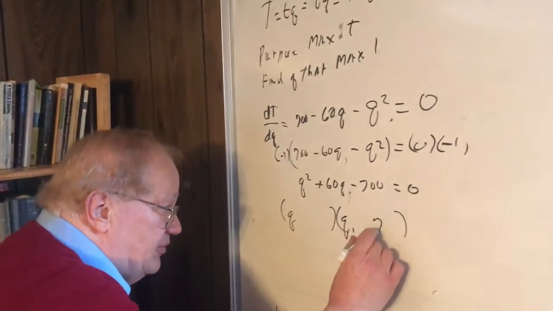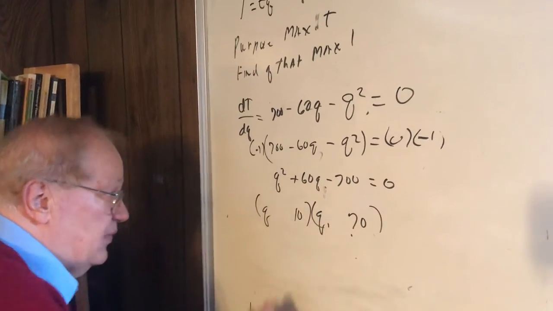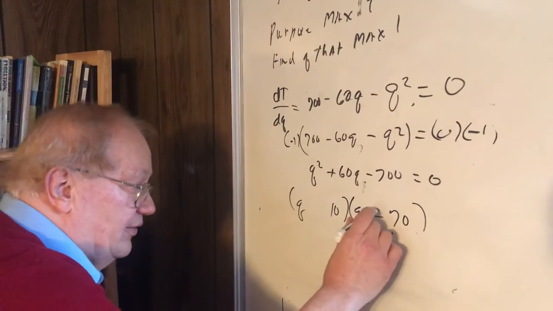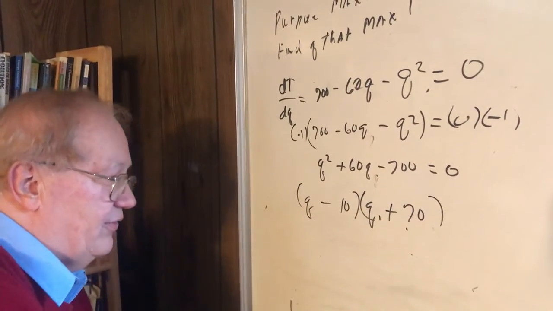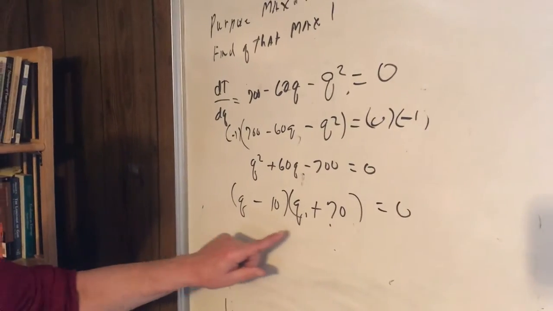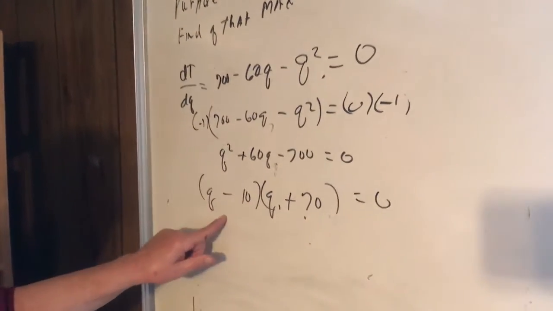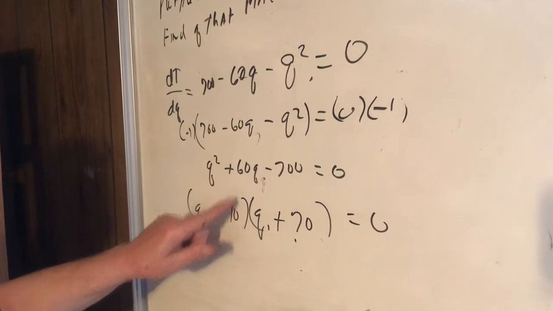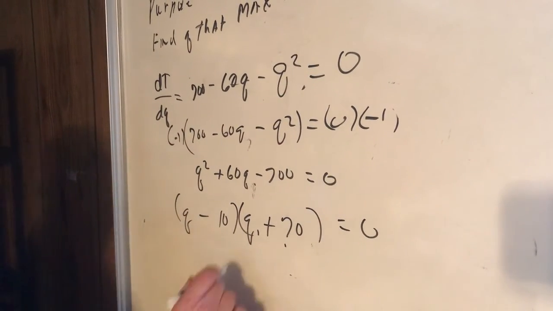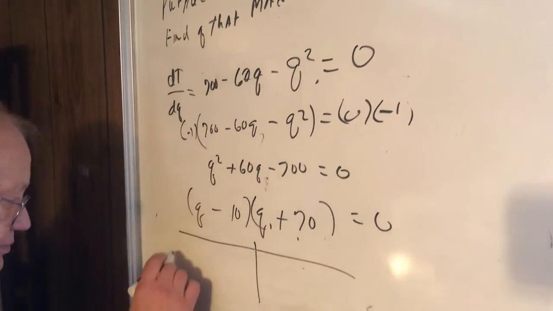Well, 70 times 10. And I make this a plus, and I make that a minus. Q times Q is Q squared, minus 10Q plus 70Q, plus 60Q, minus 10 times 70 is minus 700. Set these equal to 0.